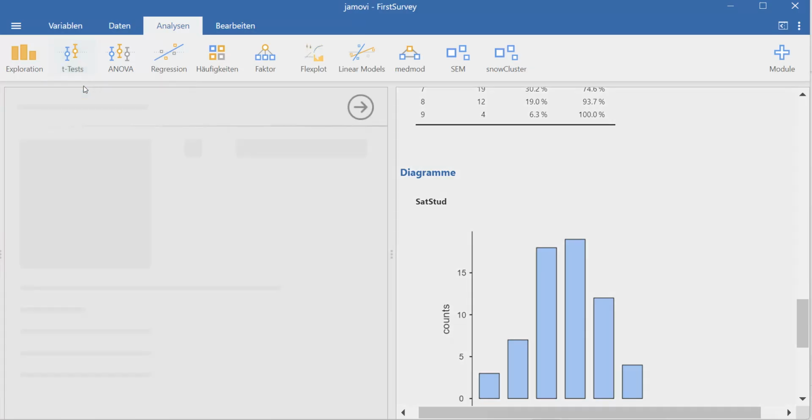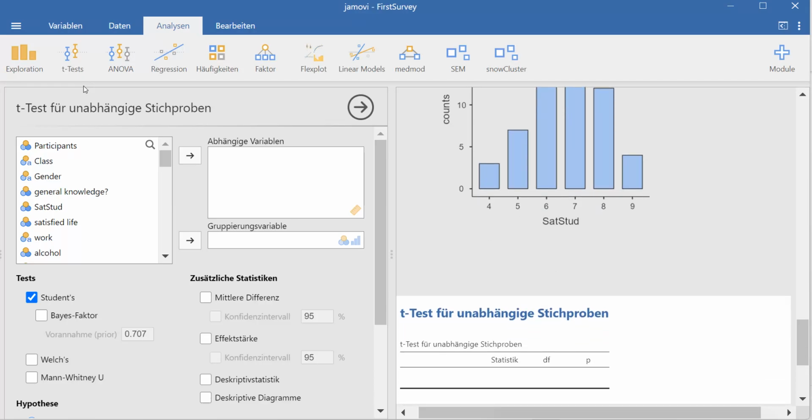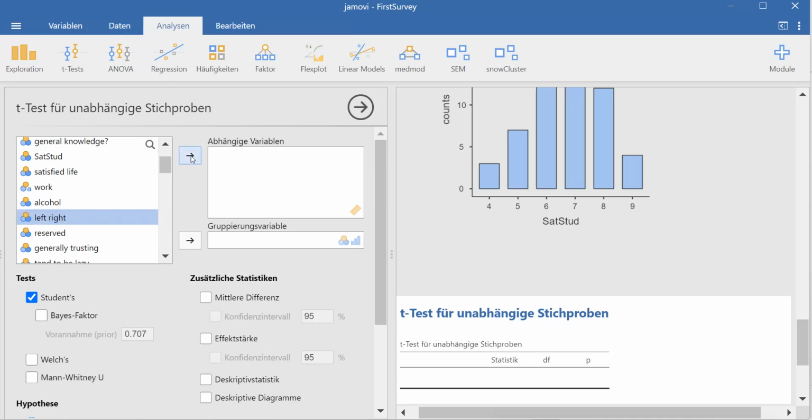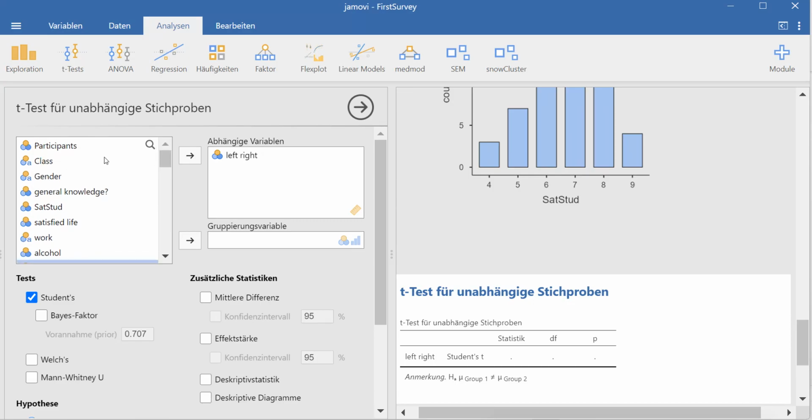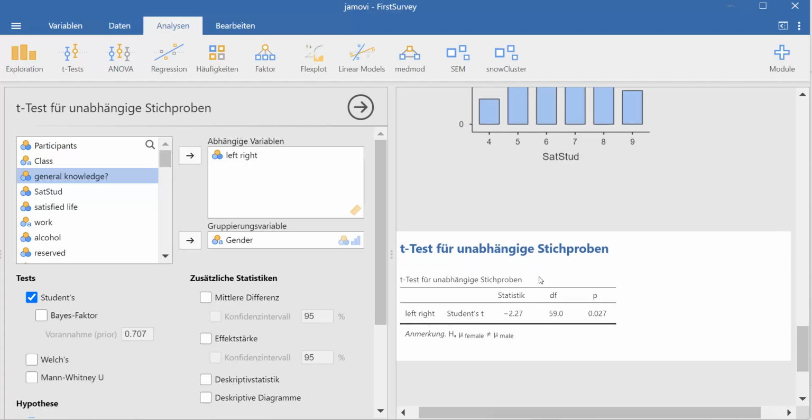So we click on t-test, we take the left-right spectrum, which is about political attitudes, as the dependent variable, and we put gender into the grouping variable. And it's a little bit counterintuitive.